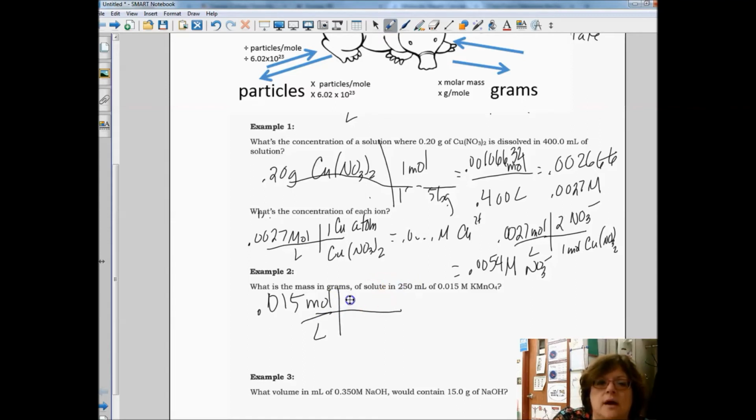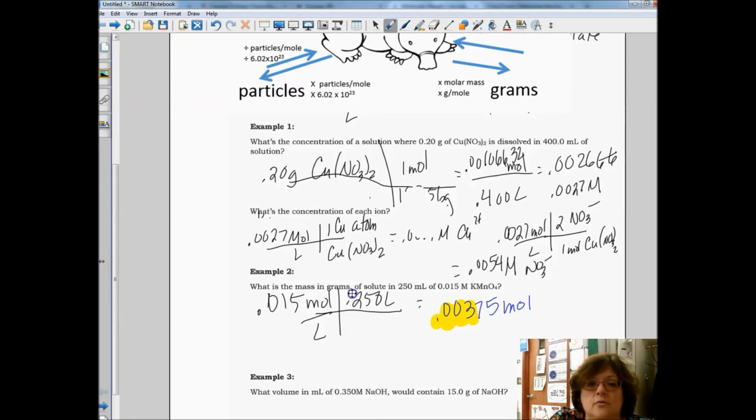Again, we have to divide by 1,000, so we get 0.250 liters. And we come up with 0.00375 moles of potassium permanganate.